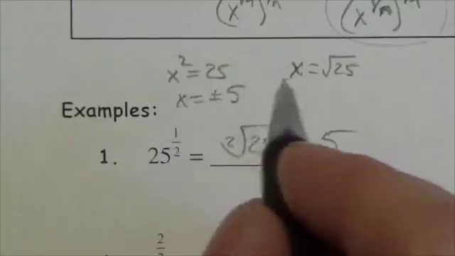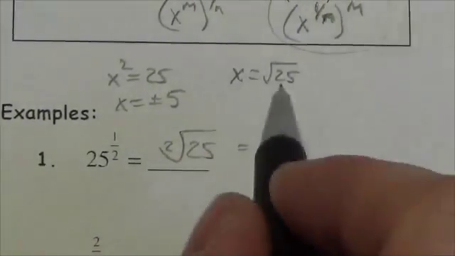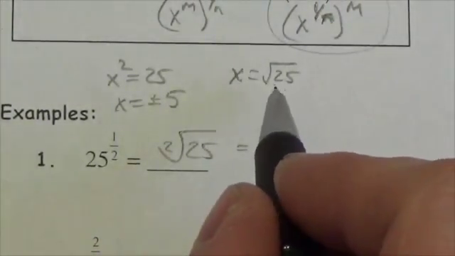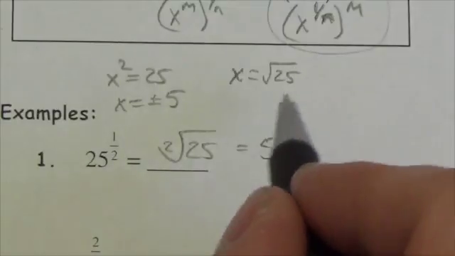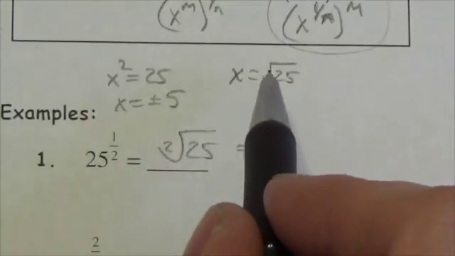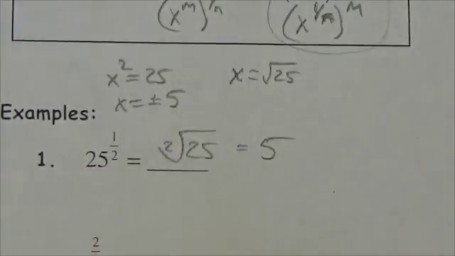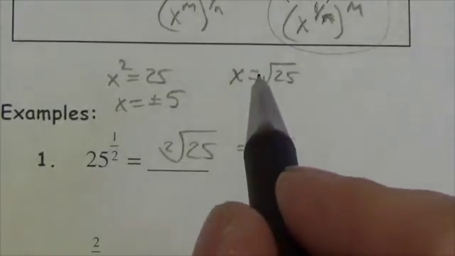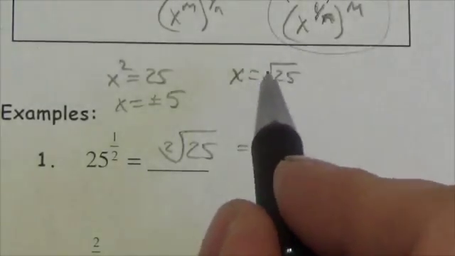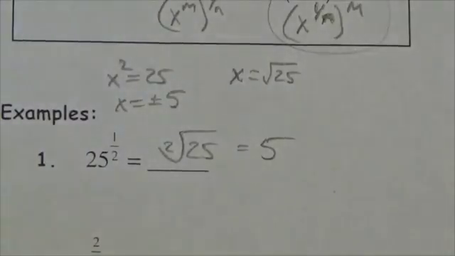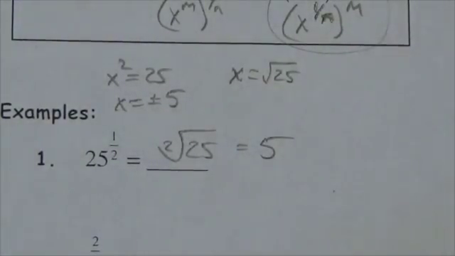They are related, obviously, but they are different. Here I'm just asking for what value multiplied by itself equals 25, but I'm only interested in the positive number, what we call the principal square root. That's because this symbol right here can only ever produce a positive result. That's a rule that you want to follow fairly closely.